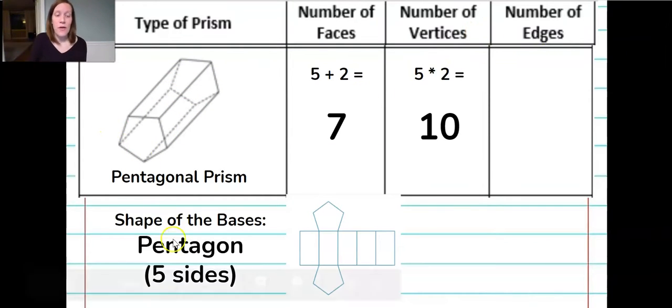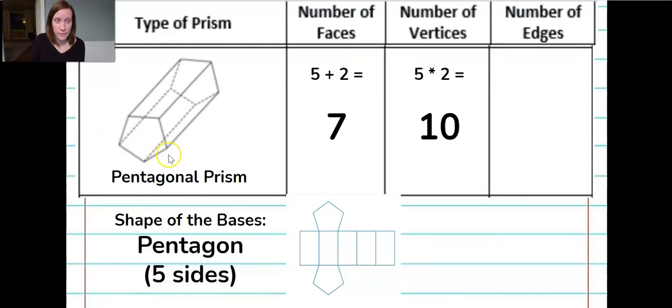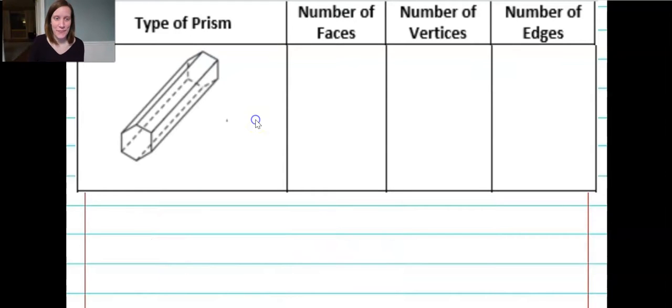Again, with edges, because a pentagon has 5 sides, there are 5 edges on one base, 5 edges at the opposite base, and then 5 edges that connect the rectangles around the middle. 5 times 3 is 15 edges.